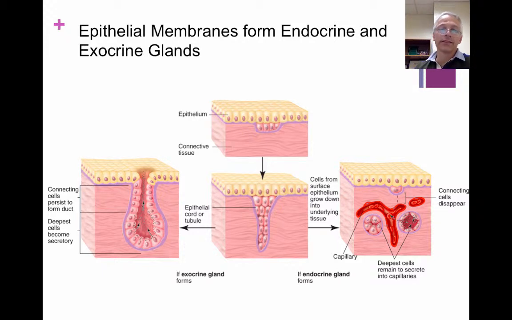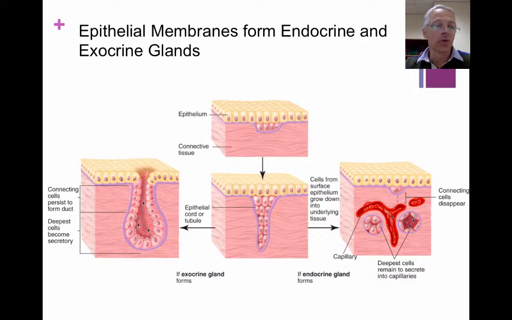Epithelial membranes can be the basis for some of the important glands that we have in our body. And we have two different types of glands, two categories of glands that we'll talk about as we move through the course: exocrine glands and endocrine glands.